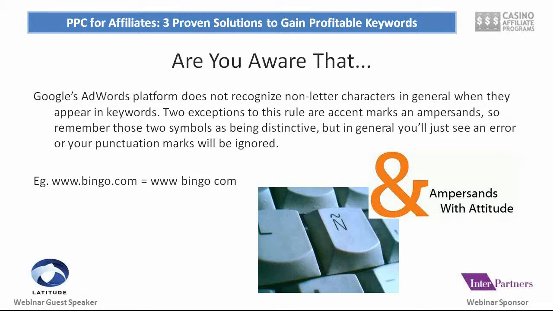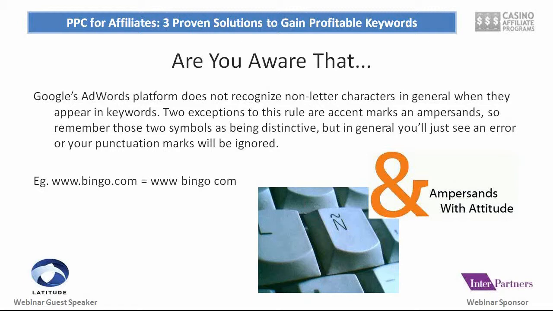It doesn't help with bid management having duplicate keywords in the account. If you were to say www.bingo.com was a good keyword variation and you wanted to raise or lower its bid to control your budget a bit better, and then you came back the next day and you were still appearing for those related terms, it could be that the variation bingo.com now qualified as being the main keyword to appear for those terms.